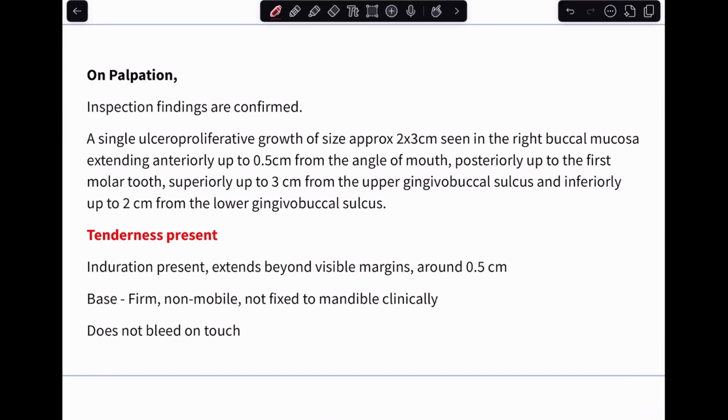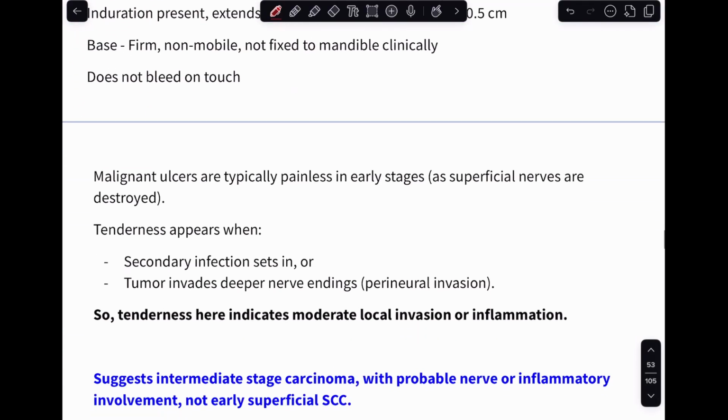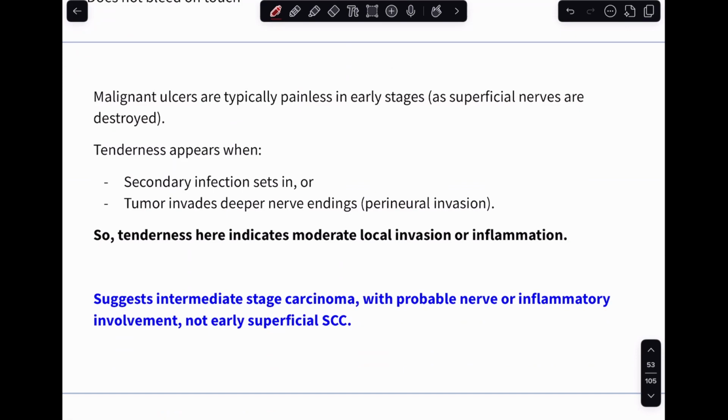Moving on to palpation, where we have confirmed the extent that we have already seen in inspection. Next, we found that there is tenderness present. Now, what is the reason for tenderness? I have already discussed that malignant ulcers are usually painless in early stages because superficial nerves have not yet been involved.